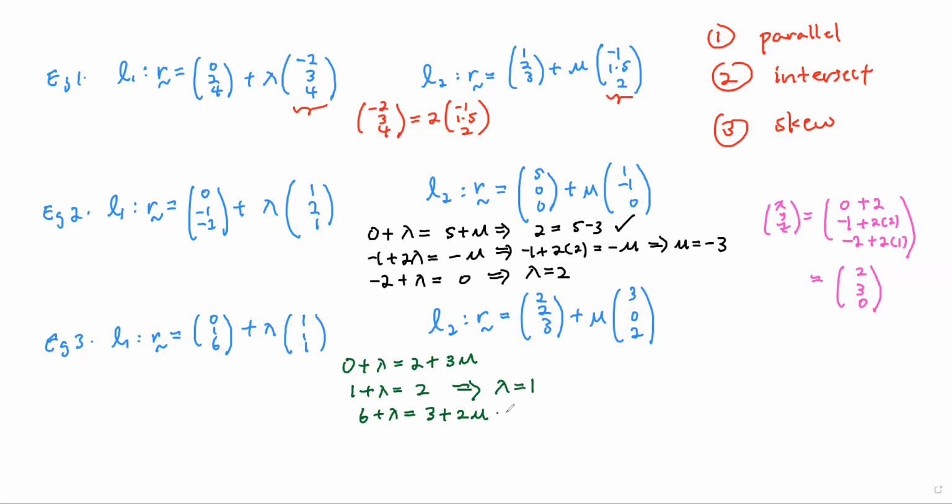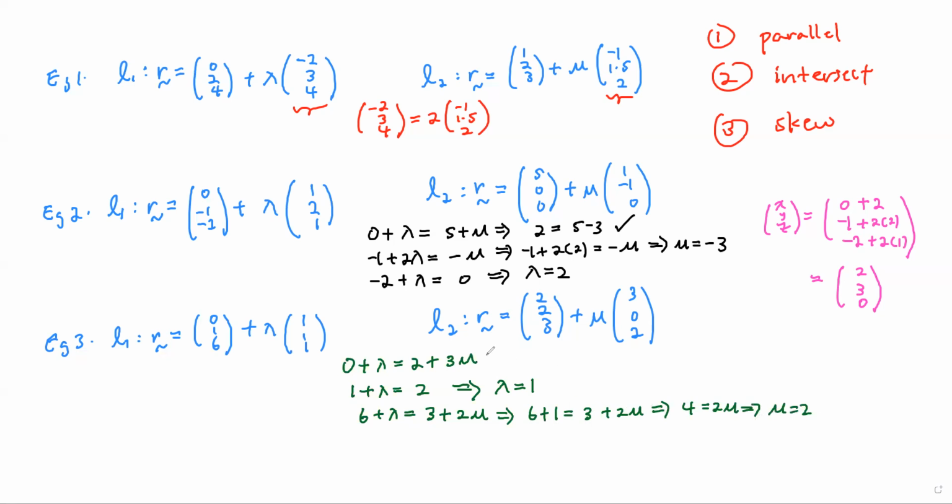Let's substitute lambda equals 1 into the third equation: 6 plus 1 equals 3 plus 2 mu. So 4 equals 2 mu, and mu equals 2. Now we have lambda equals 1 and mu equals 2.